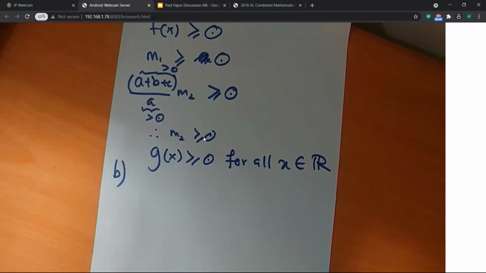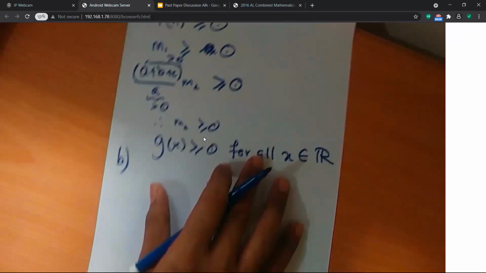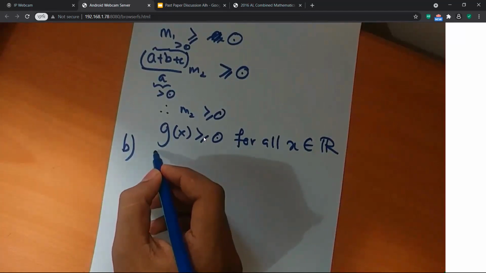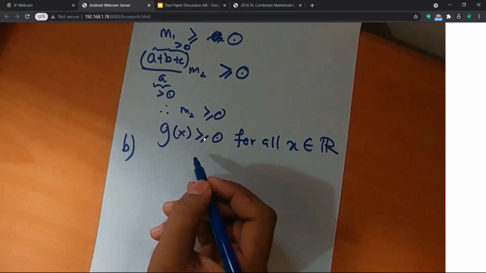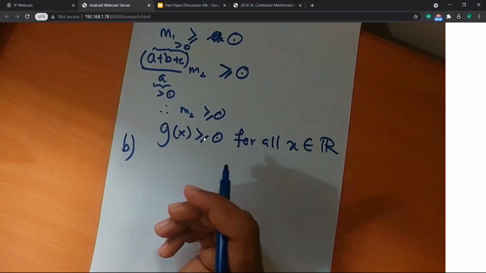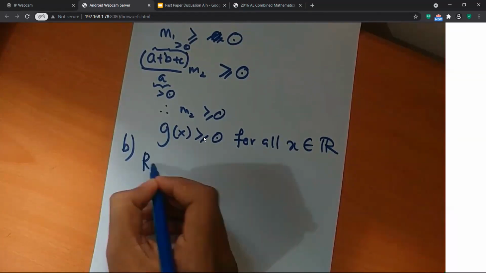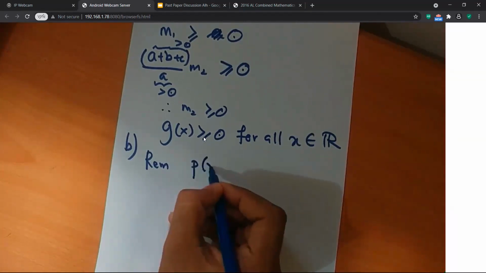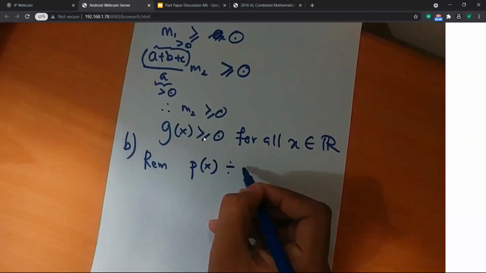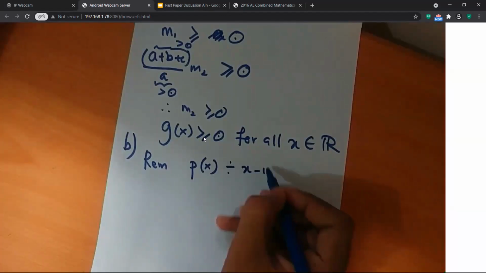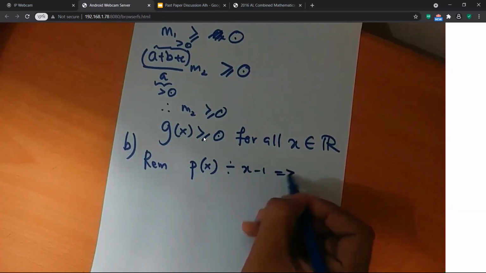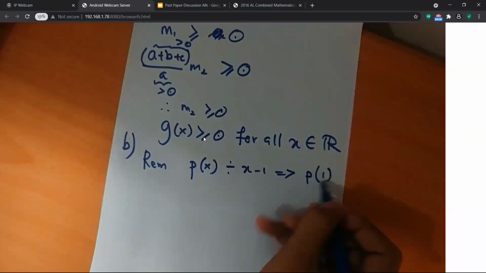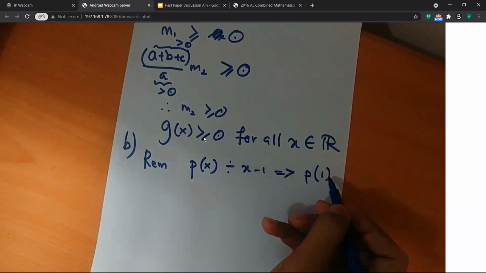As I said before, what is the remainder theorem? If you are dividing anything by x minus a certain value, then if you substitute that value, you get the remainder. So the remainder when p(x) is divided by x minus 1 is p(1).